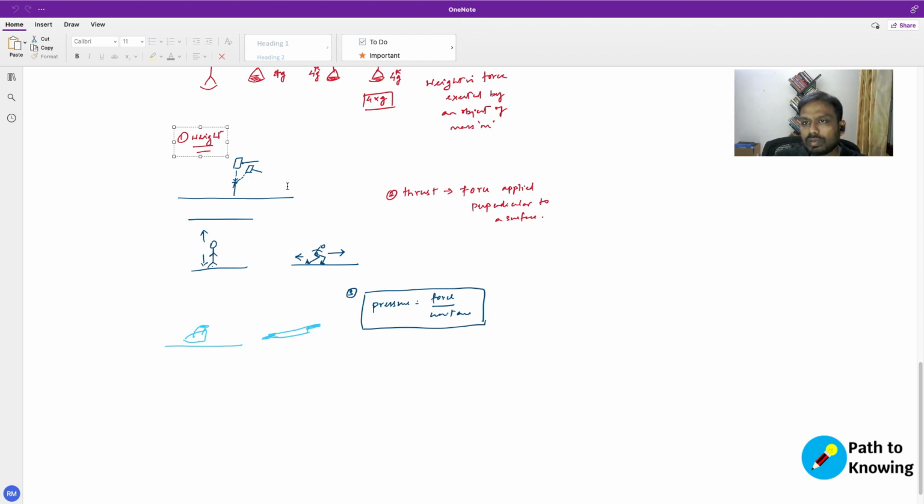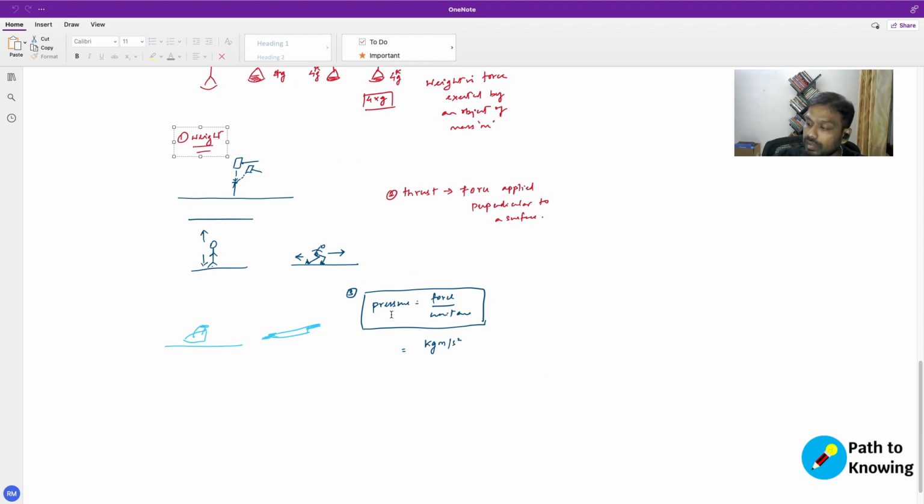And we know that the weight unit is that of force, and thrust is also force. But what about pressure? Pressure is force per unit area, which means that the unit is the unit of force, which is mass times acceleration, kilograms meters per second squared, per area, meters squared, right?